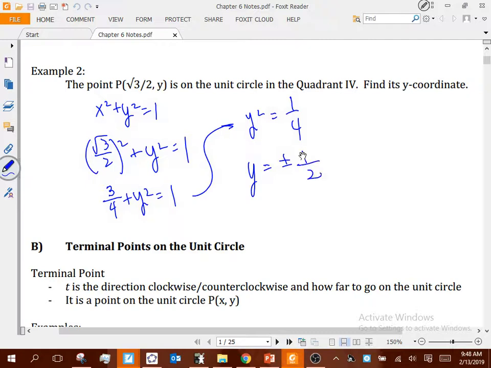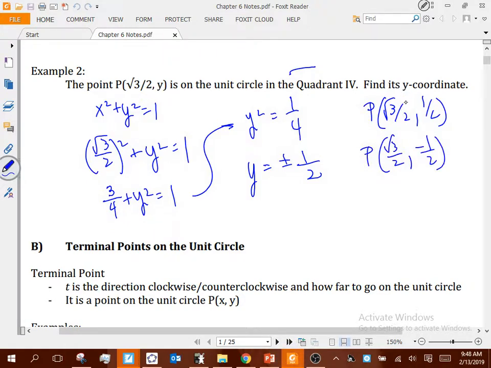Plus or minus 1 over 2, correct? So I got to choose, and if they didn't give me other information, I would go with both those answers. Because both those, the point radical 3 over 2, comma 1/2, and the point radical 3 over 2, comma negative 1/2.